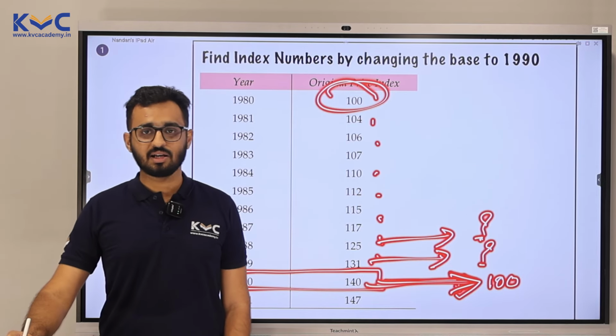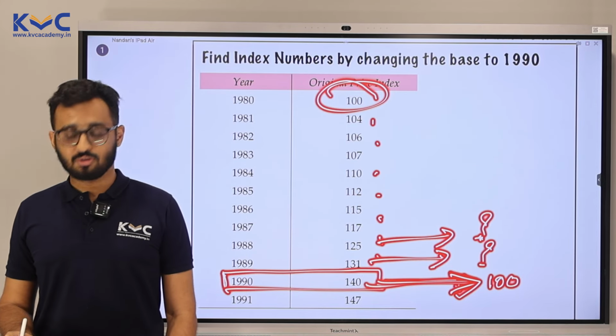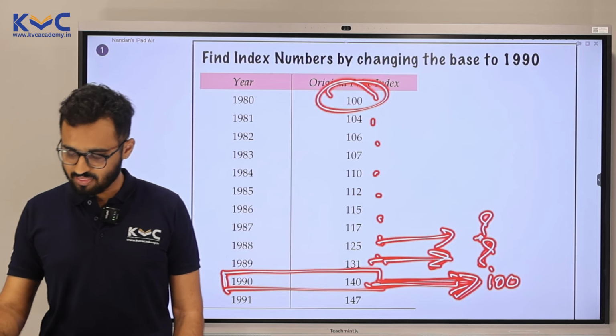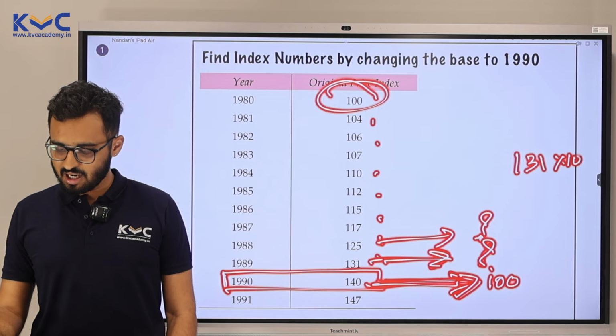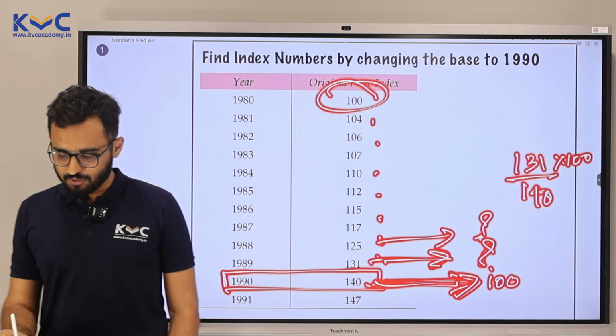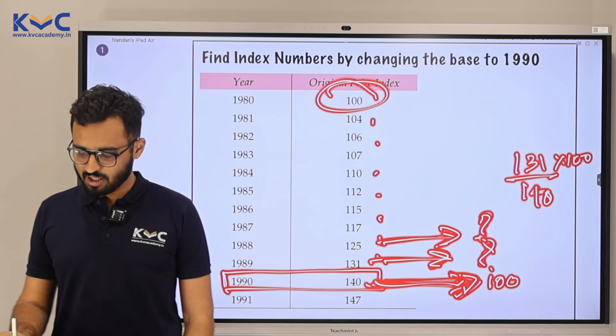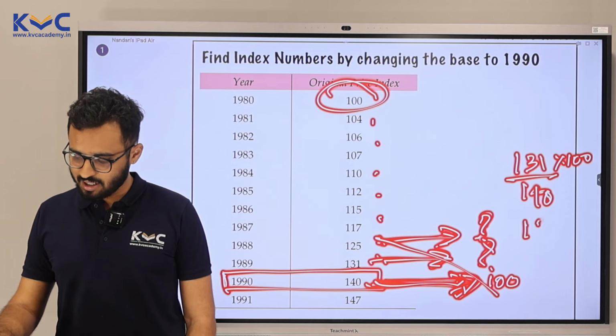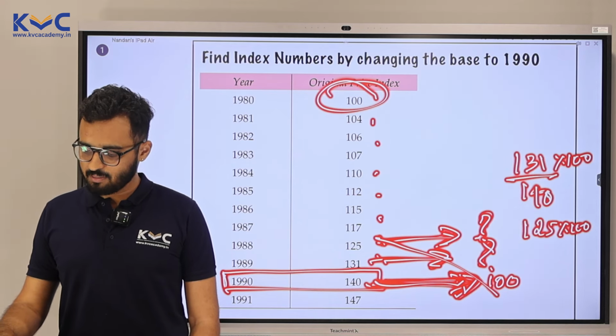Isn't this how we do it? How are you going to calculate? If 140 is 100, 131 is what? So 131 into 100 divided by 140. Correct. If 140 is 100, 125 is what? That means 125 into 100 divided by 140.